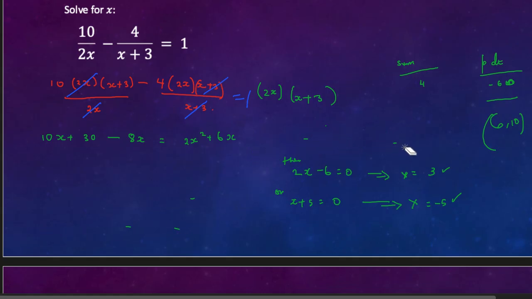Okay, I was checking if our values can satisfy the equation, but only the 3 would satisfy, but the negative 5 wasn't. So that is why I'm going to repeat this part. Sorry for that. So now, let's start.